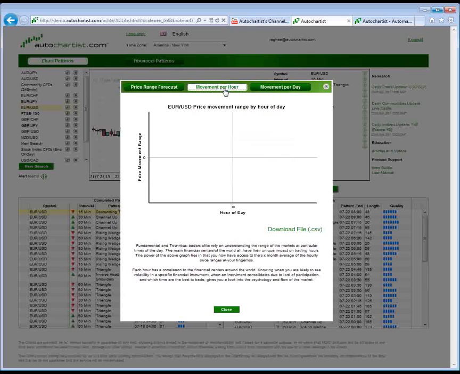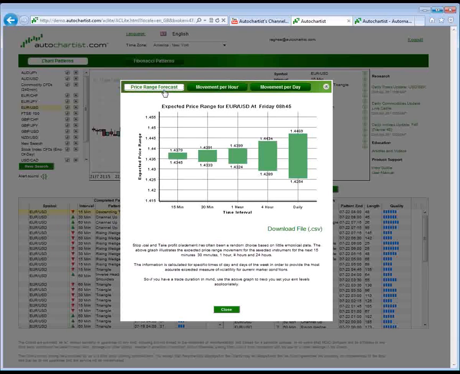You can break that down again and go into the movement per hour. In other words, is there a rhythm to the trading day? Is there a rhythm whereby I can see the volatility coming in and out of the market? And there absolutely is. We've talked about that aspect of the PowerStats in the past, and the movement per hour, by the way, is great for those traders that are trying to get to know a pair that they may not have traded before.